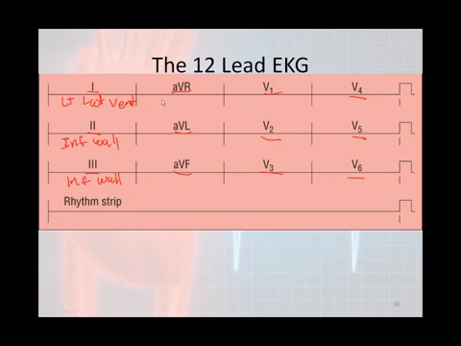AVR looks actually kind of at the right atrium, but we're going to talk about AVR later on. AVL looks at the left lateral ventricle or left lateral wall. AVF looks at the inferior wall. V1 and V2 are septum or septal leads.